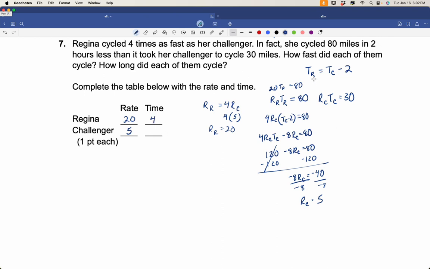And if TR is equal to 4, then TC has got to be equal to 6 because I can add 2 to both sides and find this is 6. So 20 times 4 should be 80, and it is. And 5 times 6 should be 30, and it is. So those match up to what their respective answers are supposed to be.